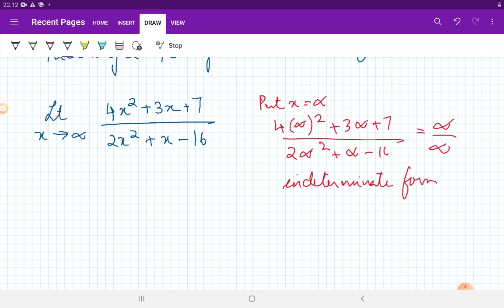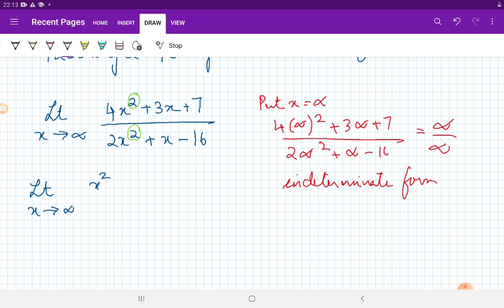The easiest way to solve such questions when you have the infinity by infinity form is to take the highest power of x, or the variable, common in both the denominator and the numerator. So over here, as you can see, in both the numerator and the denominator, it is x square that is common.